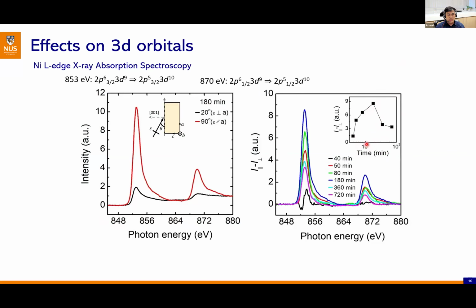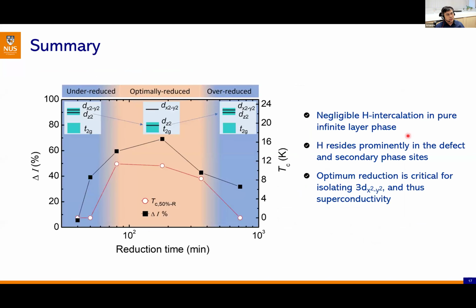As you can see, there is an increase in the asymmetry of the absorption as you increase the reduction time, and then it decreases again. So to summarize this, we can look at this phase diagram. The x-axis is the reduction time.